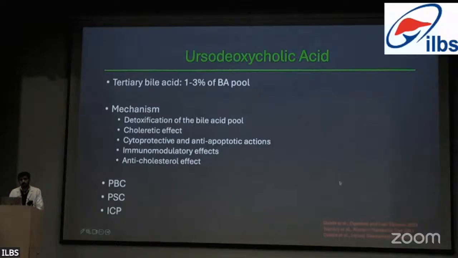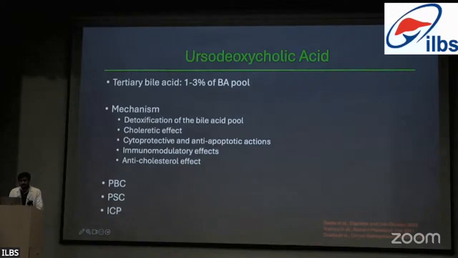It also has a choleretic effect which causes an increase in the bile flow. It also has cytoprotective and anti-apoptotic effects by stabilizing the mitochondrial membranes and reducing the reactive oxygen species. It is also immunomodulatory and has an anti-cholesterol effect by reducing the cholesterol secretion into bile and therefore helping in dissolving gallstones.